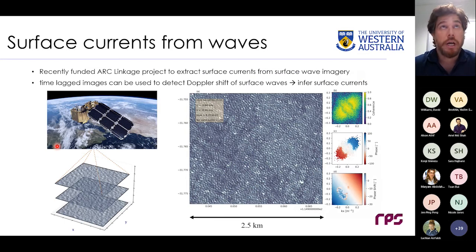So the second project is this linkage project, and it's around extracting surface currents from imagery of surface waves.